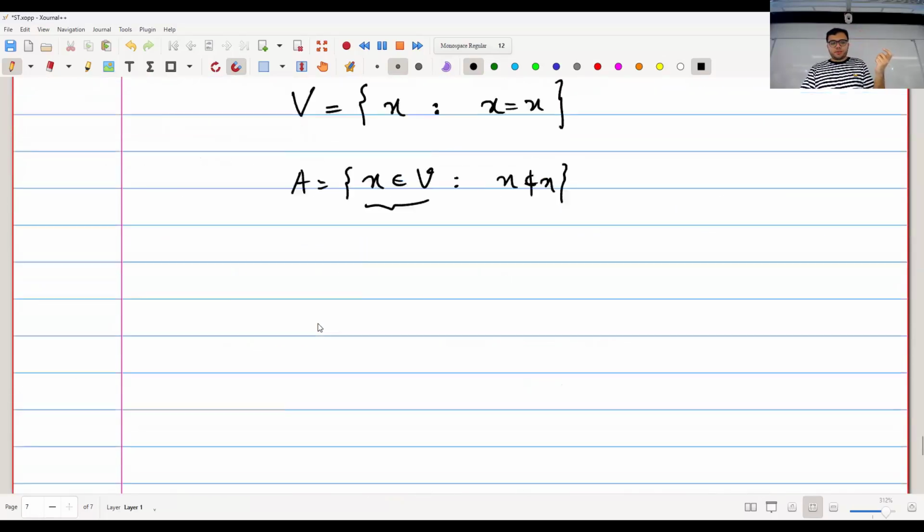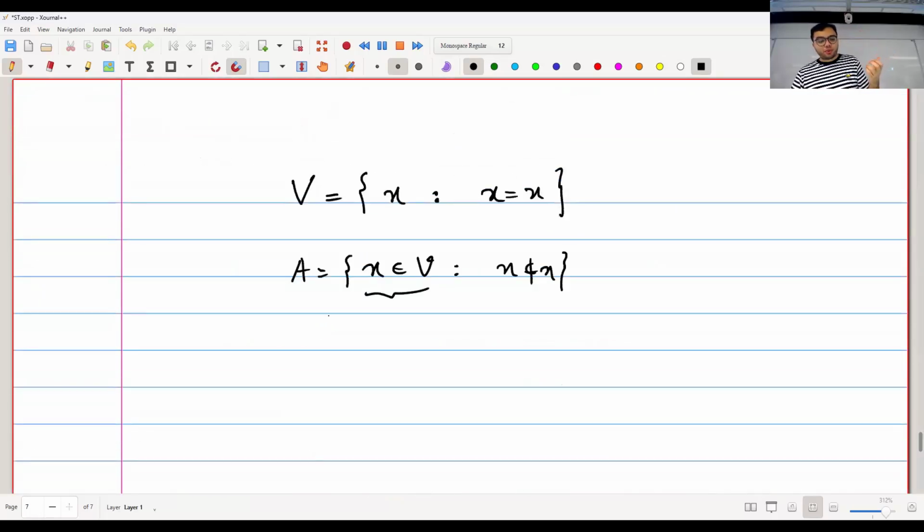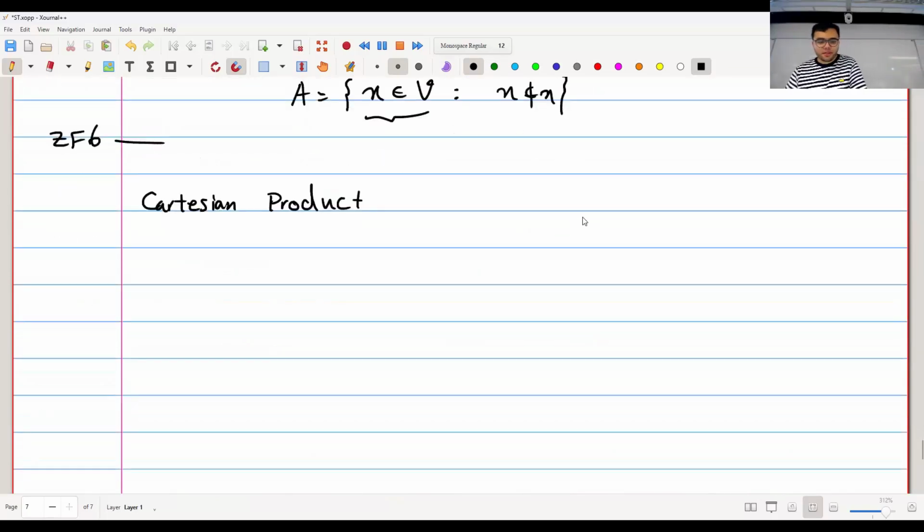But then the next step would naturally be that, well, I have two sets X and Y, and I want to find the Cartesian product, right? So this is after ZF6. Let's do Cartesian product, and let's see what happens here. And let's see why I'm doing it so late. Was it 6 or 7? 6. Yeah.